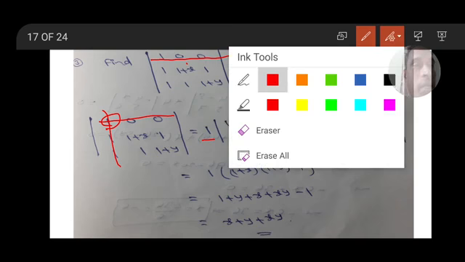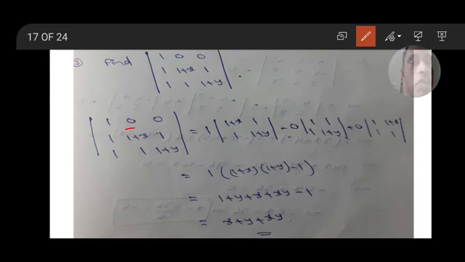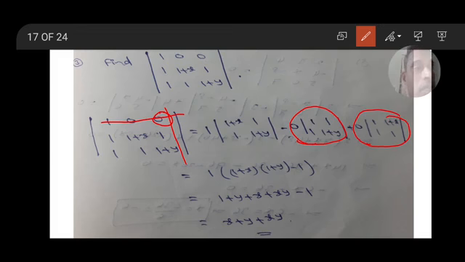Next, second element 0: minus 0 into its minor, so row and column removed gives 1, 1, 1, 1 plus y. Next, third element plus 0 into its minor: 1, 1 plus x, 1, 1. So 0 into something is 0, 0 into something is 0. The two elements will cancel.